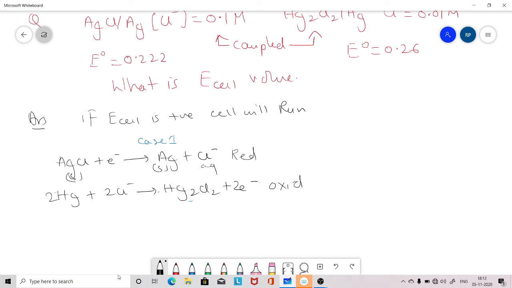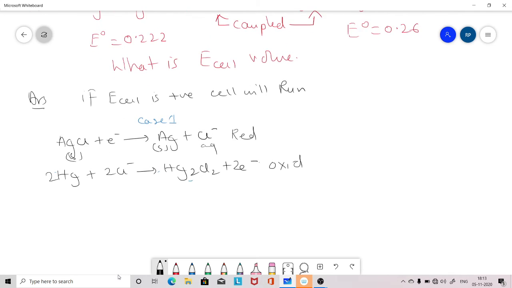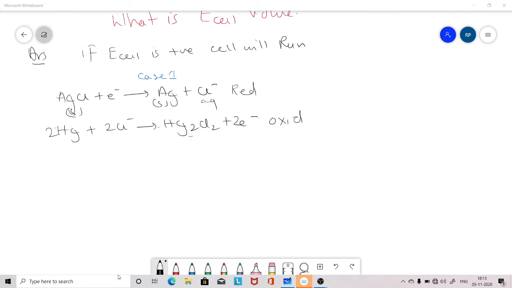In case 2, the opposite will be there. So let's solve this one. When solving, we have to cancel out the electrons, so we multiply the AgCl equation by 2 so that we have 2 electrons.